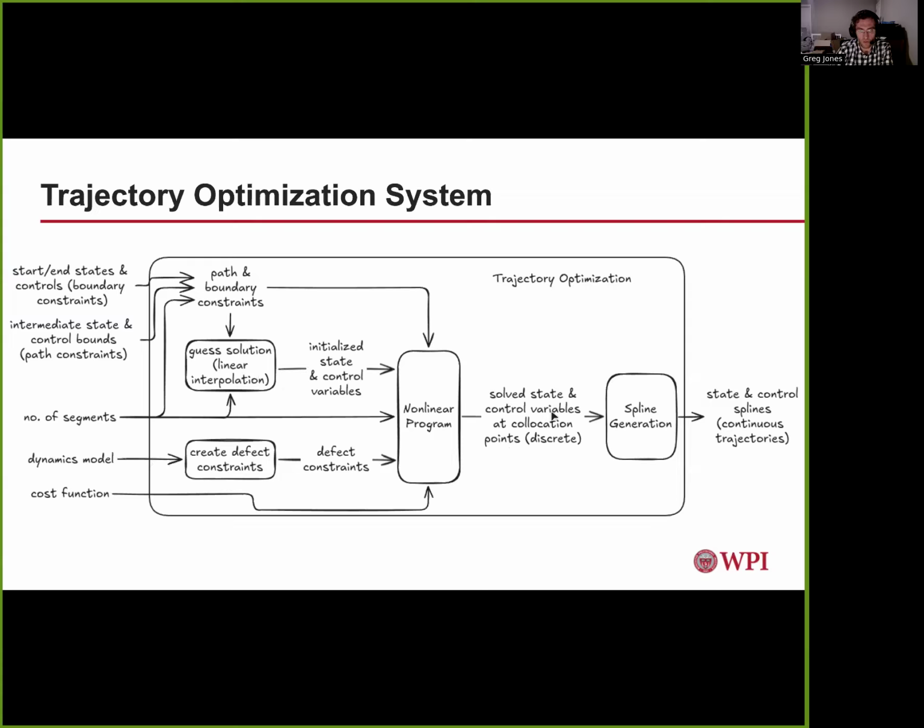And then the output is the solved optimization variables, which consist of the discrete state and control variables at the collocation points, and those are then used to generate a spline or splines, which represent the continuous trajectories.